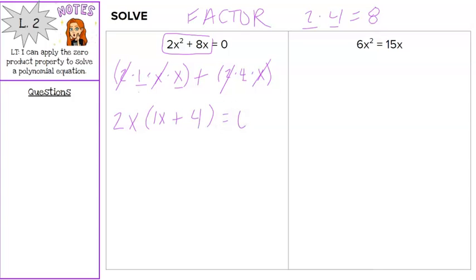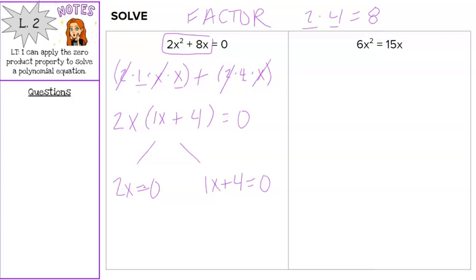And we just rewrote this equation in factored form. So now that's in factored form, we can apply the zero product property. So we're going to set up our two equations. We have 2x equals 0, and we have 1x plus 4 equals 0. I'd like you to solve both those equations and tell me your answers in Edpuzzle.